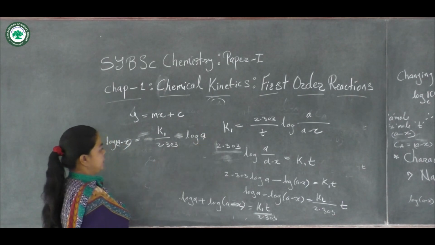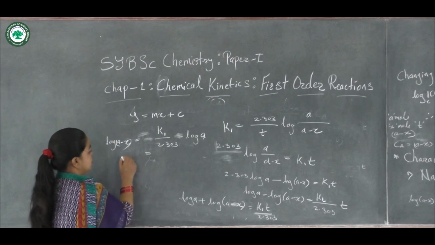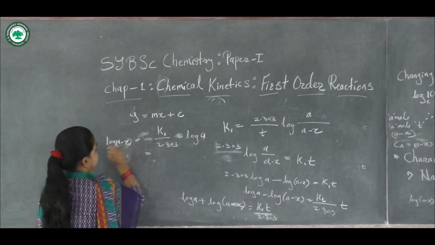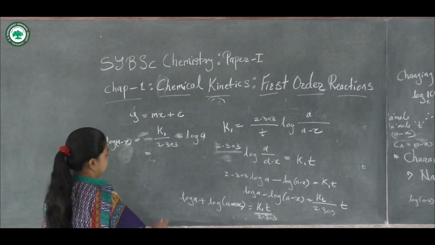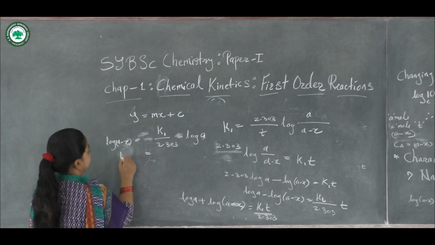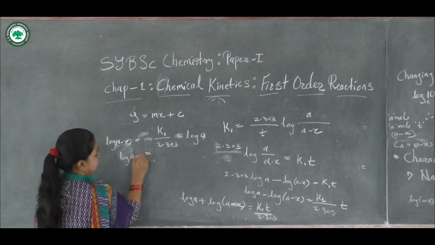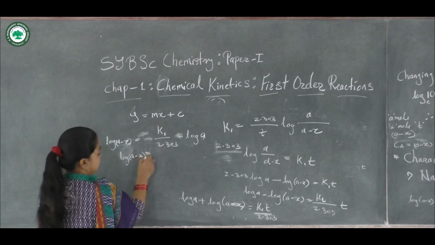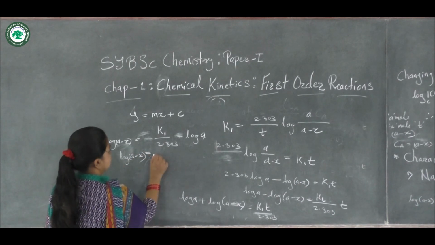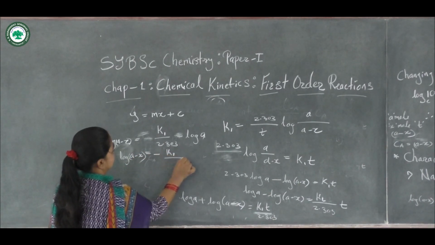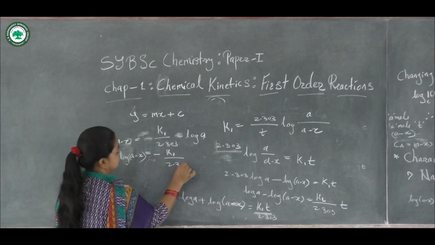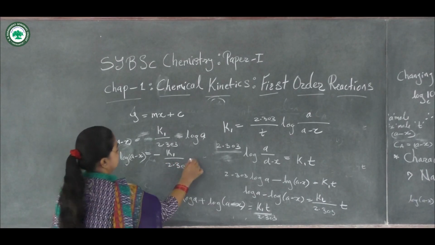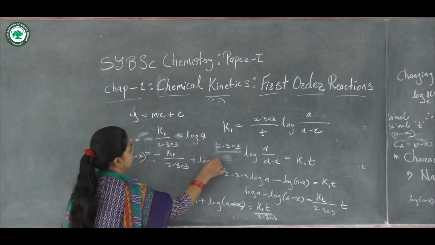Now if we change the sign for this equation, we will get log of a minus x equals minus k1 upon 2.303 plus log of a.